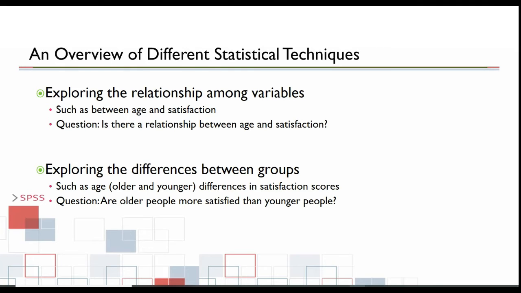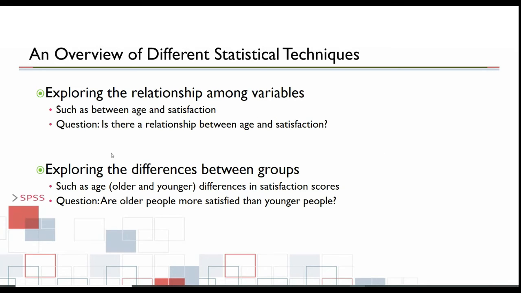Maybe in this case, in our example, it is satisfaction. So the question is, are older people more satisfied than younger people? Look at this. In both examples, we have age and satisfaction.